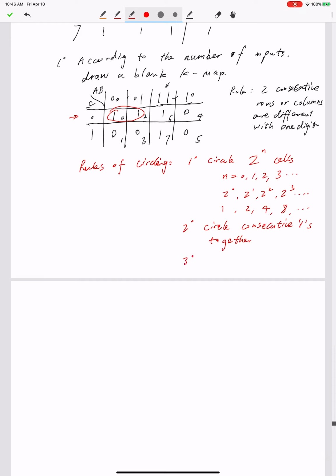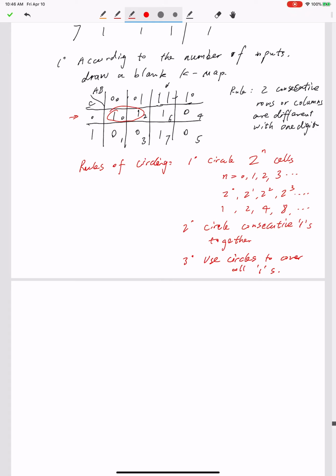Also we have the third rule. The third rule is we use circles to cover all ones in the kernel map. And here we have cell 6 and cell 7.